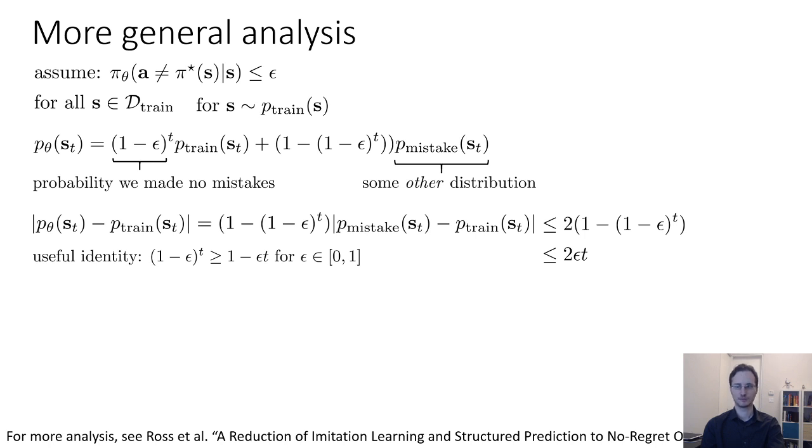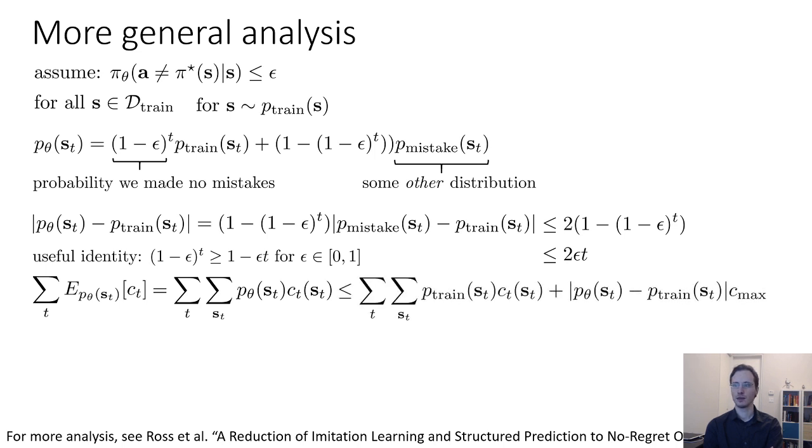Okay, so now let's go to the quantity that we really want. What we care about is the expected value of the cost over all time. So we can write the expected value of the cost as a sum over time of a sum over states of the probability of that state times the cost. That's just from the definition of expected value.